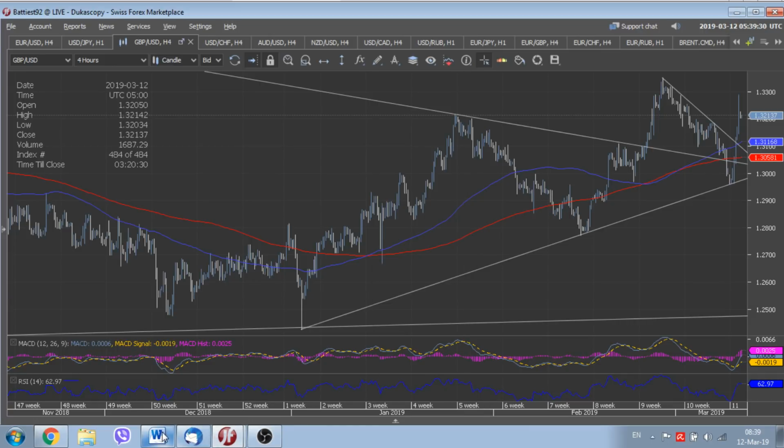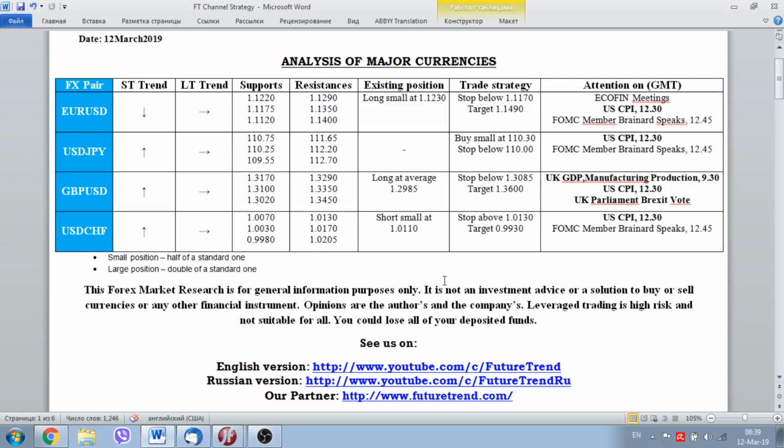Today is 12th of March, and we are ready to present our report of how we are seeing the trading in most of the major currencies in the world financial markets. Today is a really very important date for a lot of traders, especially those trading with the British currency.